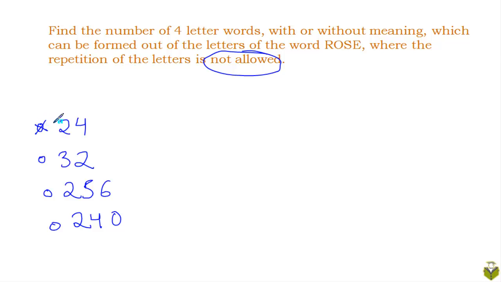Let us see why. Again, I have 4 boxes, corresponding to the 4 letters of the word which I have to form. But now there are some key differences. What is the key difference? Let us start with the first box. In how many ways can you fill the first box?